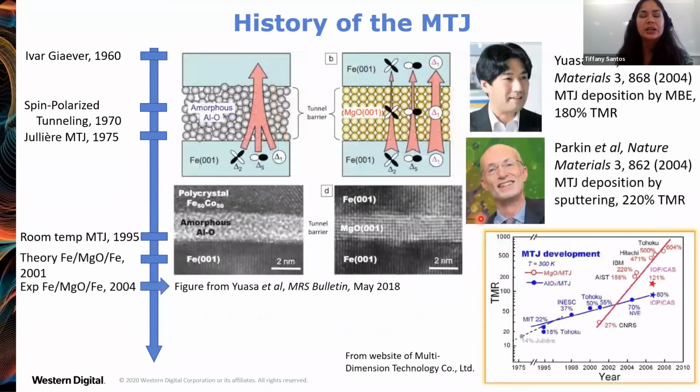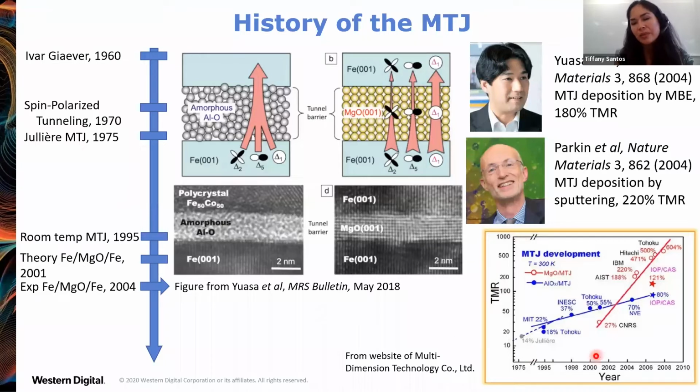And indeed, just a few years later, published in 2004 by a couple teams in Nature Materials, there were very high TMR values at room temperature using MgO tunnel barriers. So this is 180% by Shinji Yuasa and colleagues, and 220% by Stuart Parkin and colleagues.